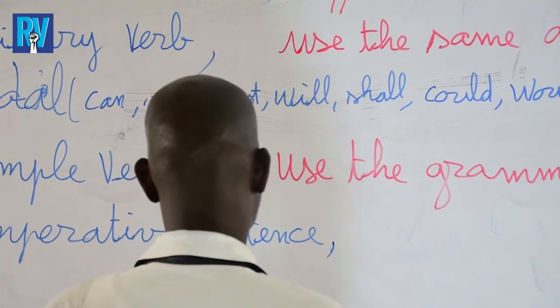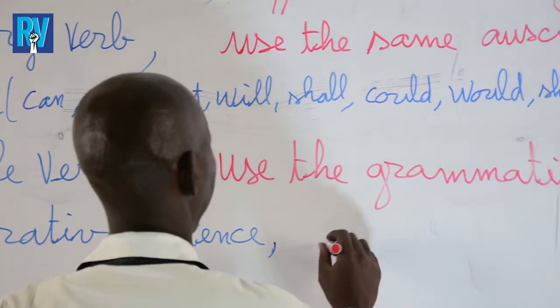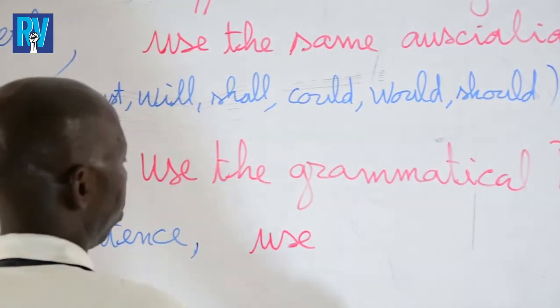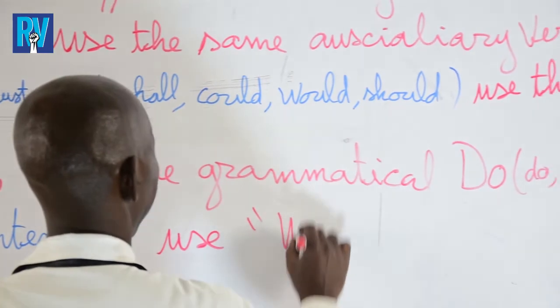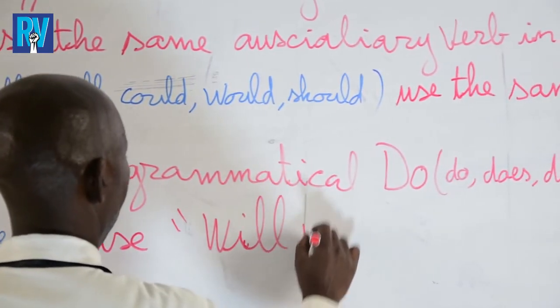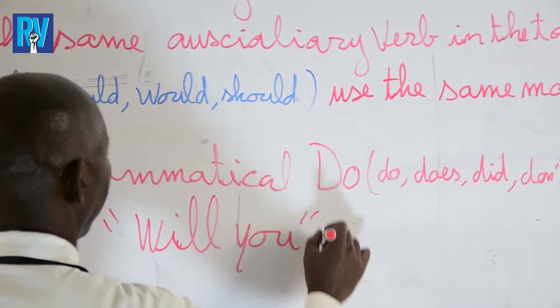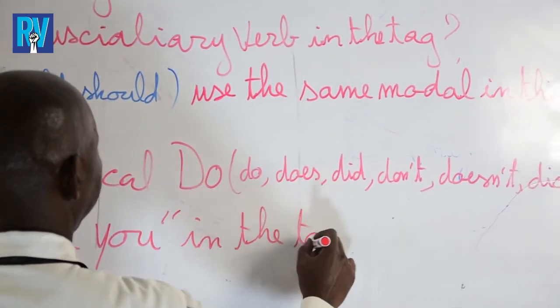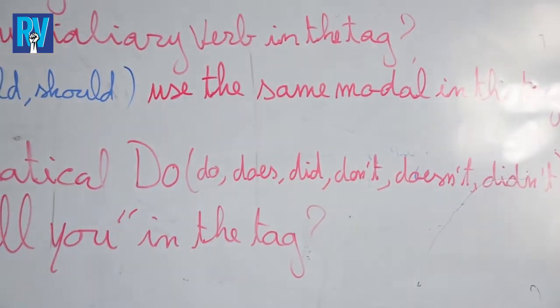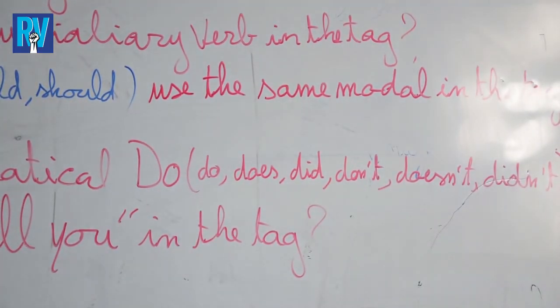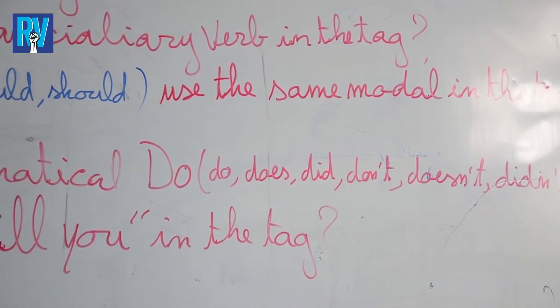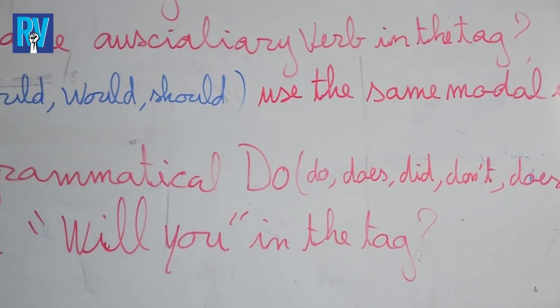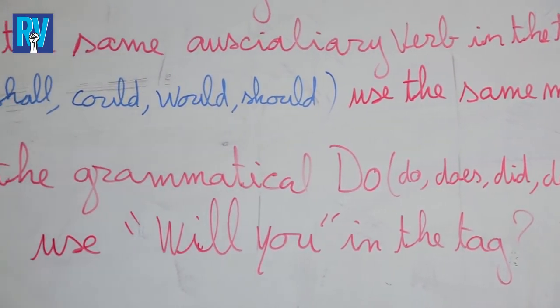You will have will you. Donc là, c'est quand vous avez l'impératif. La phrase commence par la base verbale. Open the door, will you? Shut the door, will you? Come here, will you? Okay?